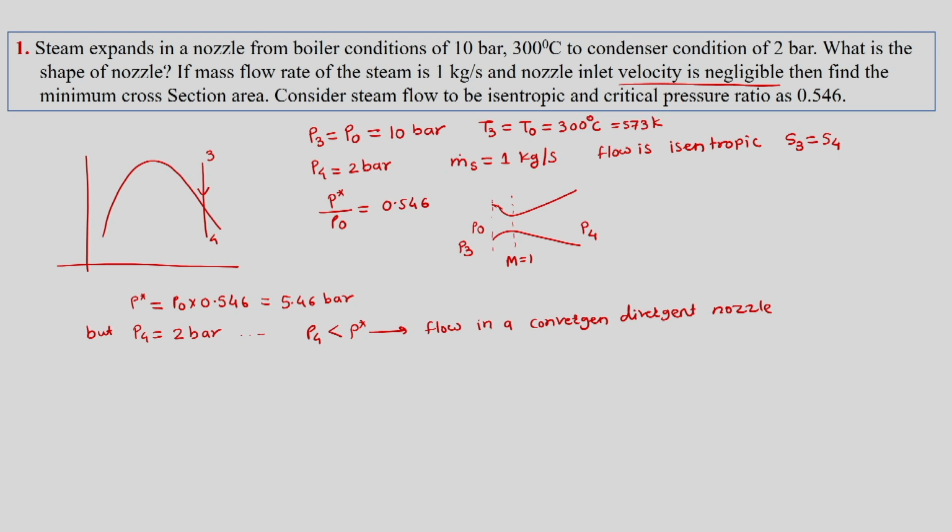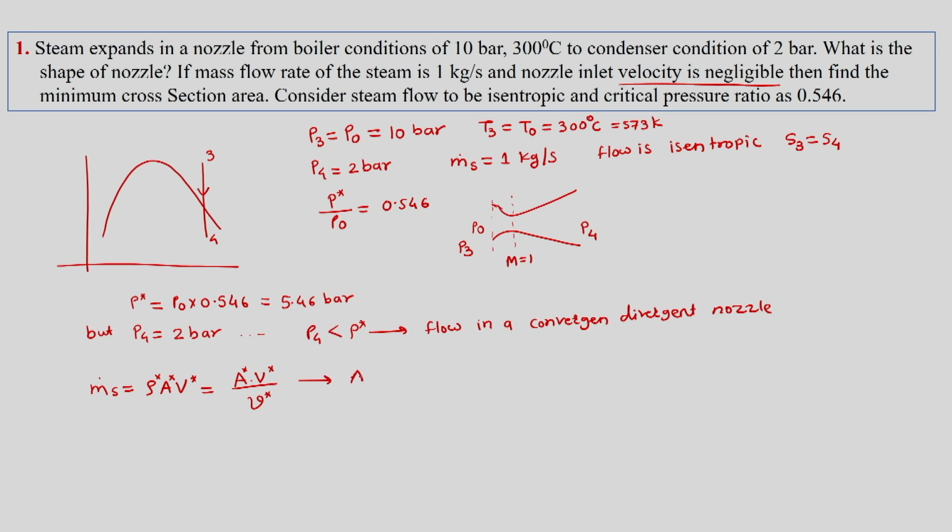Having said this, we will move to the next point, where we are asked to find the minimum cross section. We know that m dot s is equal to rho a v, where we will take v as v star, a as a star, and rho as rho star. But instead of that we can say A star into V star divided by the specific volume at star.